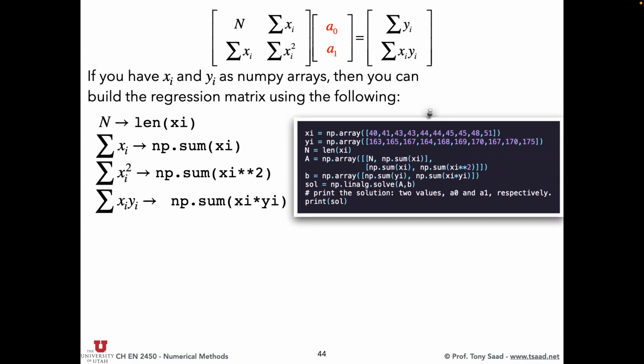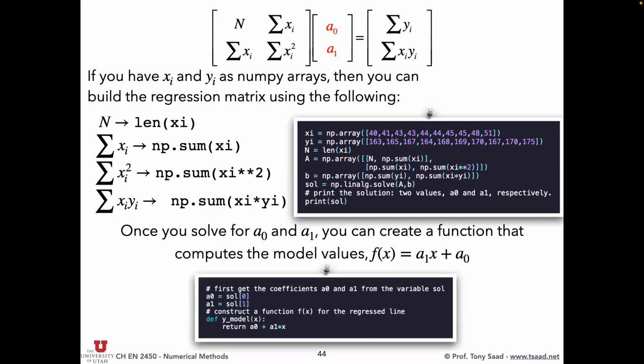What do we do next? How can we make a prediction? You need to program in a straight line, a0 plus a1x. So you simply write a little subroutine. You grab a0, which is the first entry in sol, and a1, which is the second entry. And then you simply define a subroutine, y model, that takes an x value and simply program a straight line, a0 plus a1x.